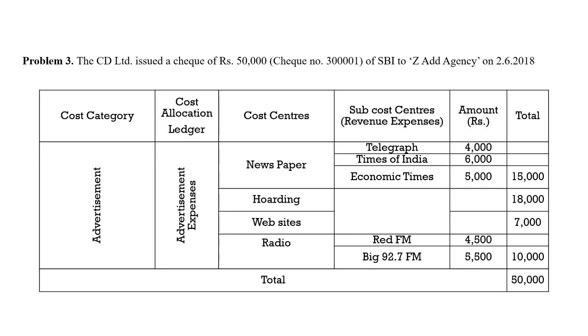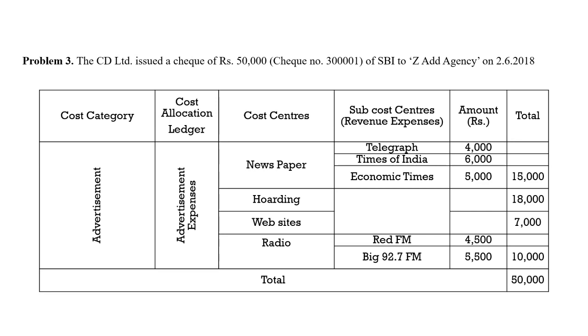So that's why I create sub cost centers: Telegraph, Times of India, Economic Times. But in case of hoarding and websites, I didn't differentiate any such sub cost centers. Hoarding means hoarding, and website indicates websites.